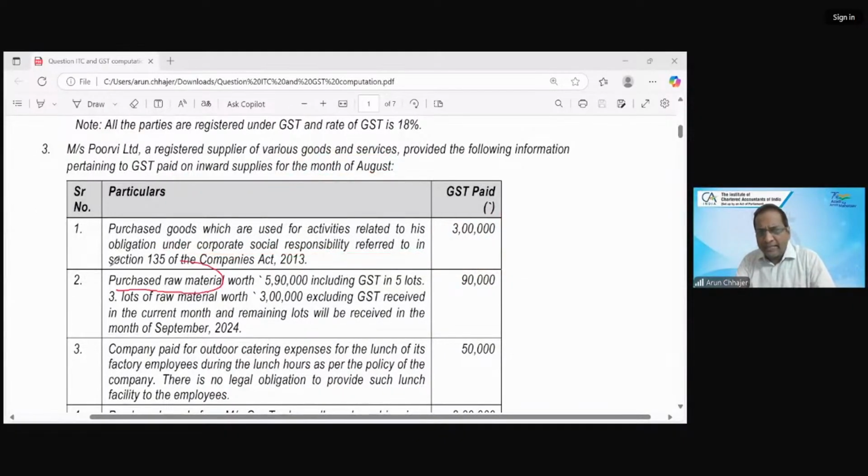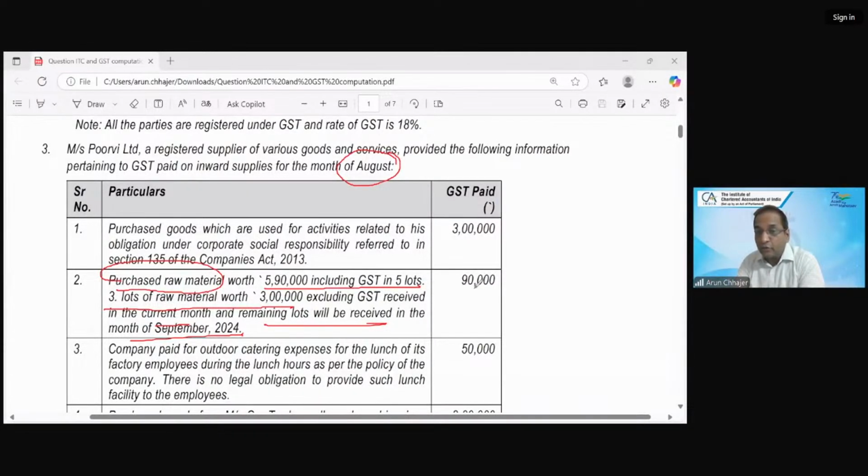Purchase the raw material worth rupees 5,90,000 including GST in 5 lots. 3 lots of the raw material worth rupees 3 lakh is received in the current month. The remaining lots will be received in the month of September 2024. This information is for the month of August 24.